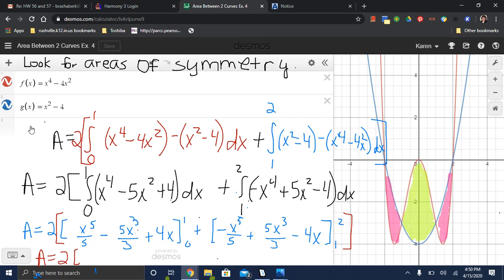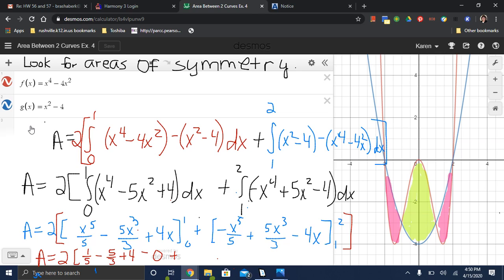So you'll have 1 to the 5th over 5. So that's going to be 1/5 minus, then you'll have 5 times 1 to the 3rd. So that's going to be 5 over 3 plus, and then 4 times 1, which is 4, minus, and fortunately putting 0 in for all of those is just going to be 0. So I'm going to leave that as that.